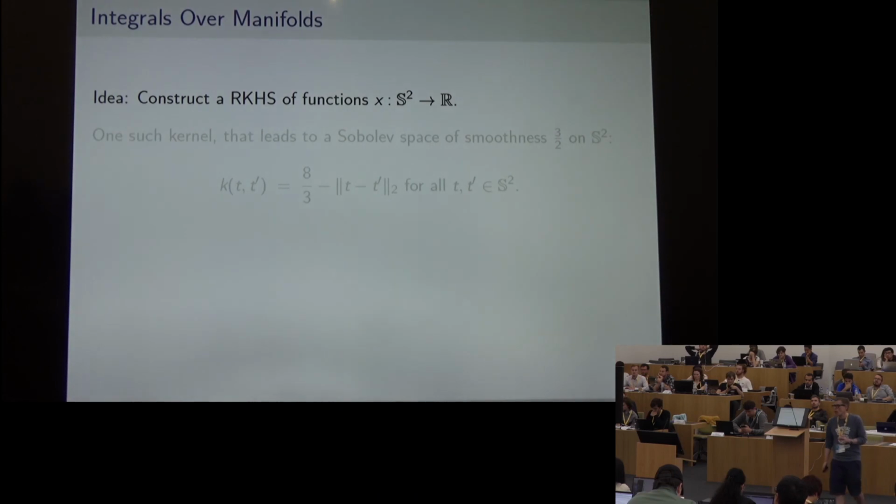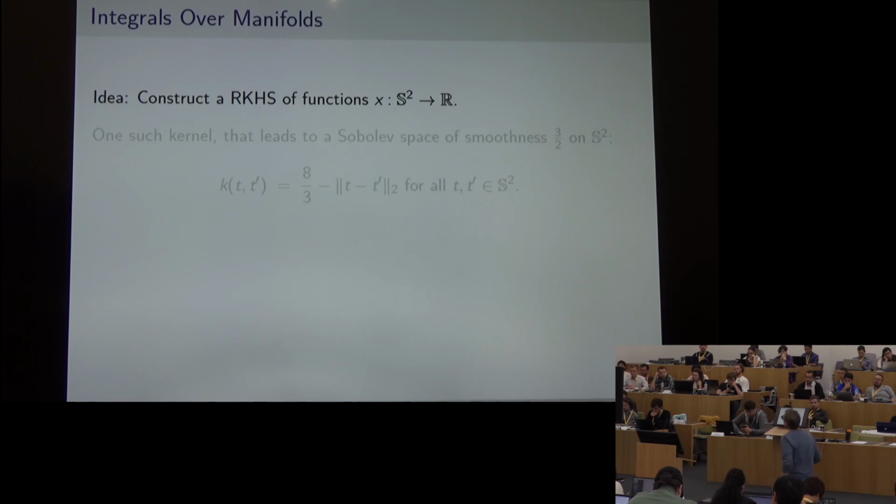Now, I'm going back to integrals over manifolds, and if I've got time tomorrow, I'm going to present this work in the general case where I'm not thinking of a Euclidean space, but I'm going to define it on some sort of manifold structure.